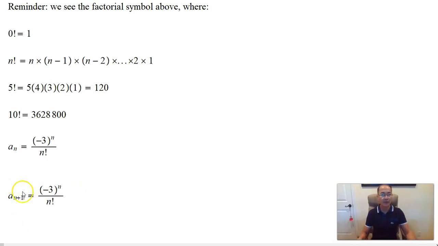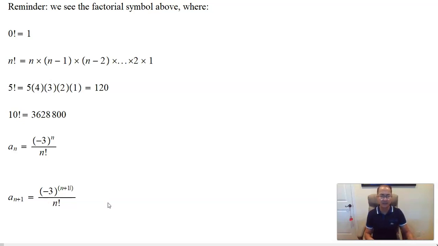Okay? So what I always tell my students is, if you're doing this on your notebook, encircle the letter n wherever it appears. Okay, so it appears twice. And where it appears, if need be, wrap it around parentheses and then add 1. Okay, so if we do that here, you'll have n plus 1 in the exponent.